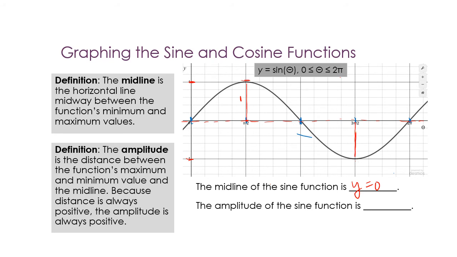Midline to the minimum is also 1 unit. So we'd say that our amplitude is 1. When I tell students how to graph these types of functions, you've got your starting point, your endpoint, halfway in between you're at the midline, halfway in between those you're at a max, and halfway in between the next ones you're at the min.